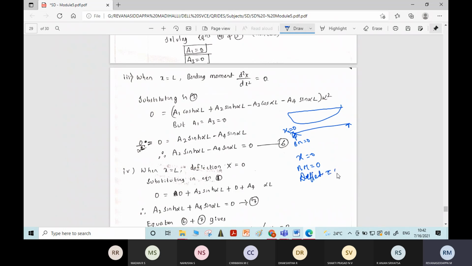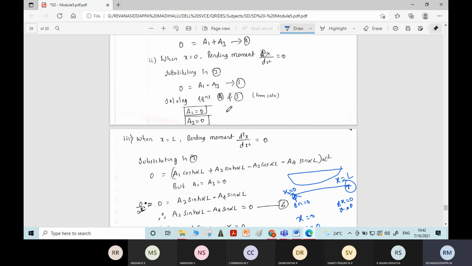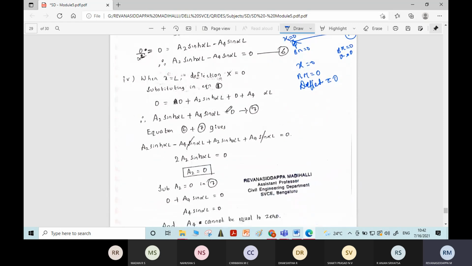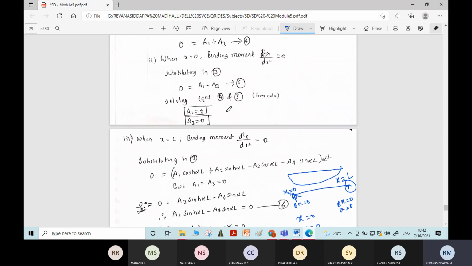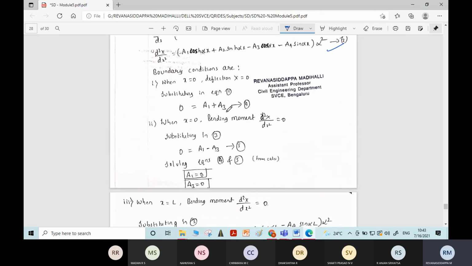Similarly, when x equal to L, when the length of the beam equal to L, at this point also there won't be any bending moment or any deflection. All these 4 conditions are taken, and utilizing these 4 conditions, the expression for the transverse vibration of the simply supported beam is obtained.